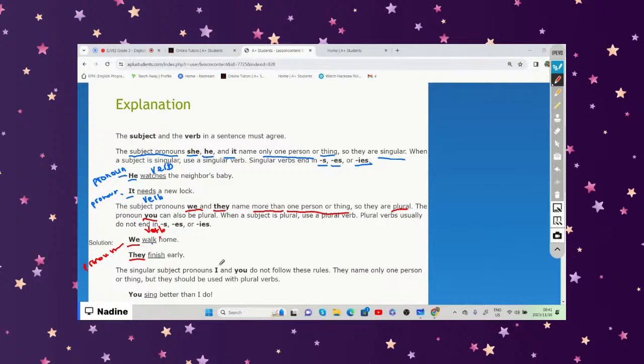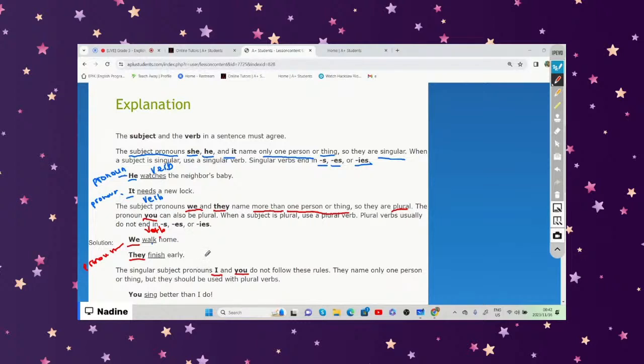And we see the singular subject pronouns, which are I and you. They do not follow these rules, right? They name only one person or thing, but they should still be used with a plural verb.